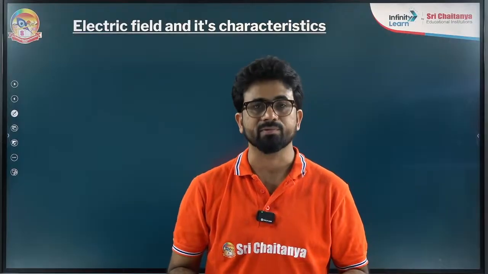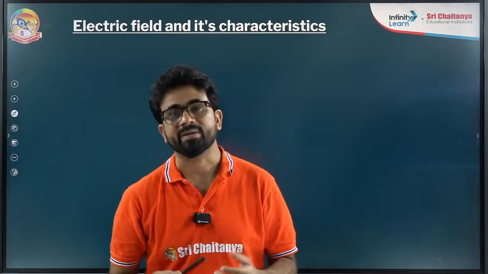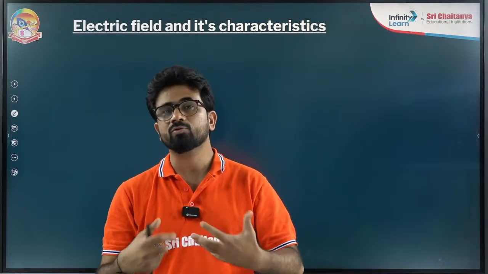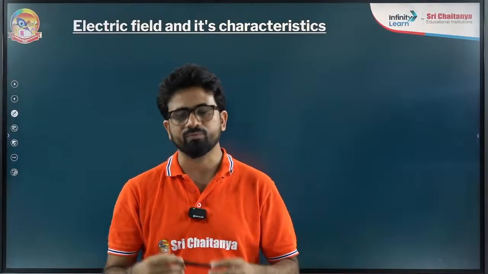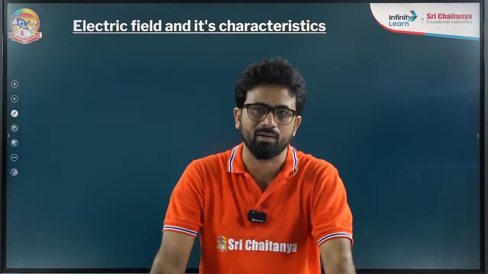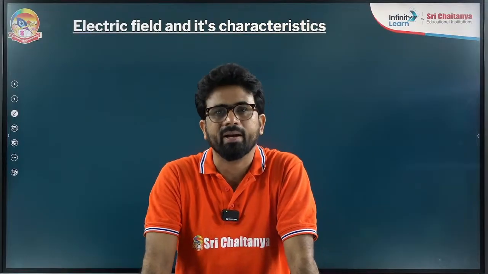This force we call contact force. There should be some contact. Without contact, you cannot apply this kind of force from one body to another. But there are other kinds of forces present in nature that do not require any contact, just like gravitation.